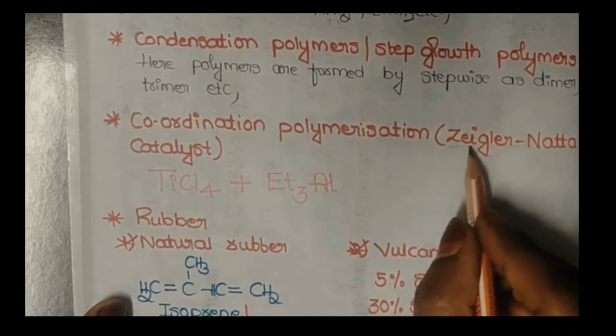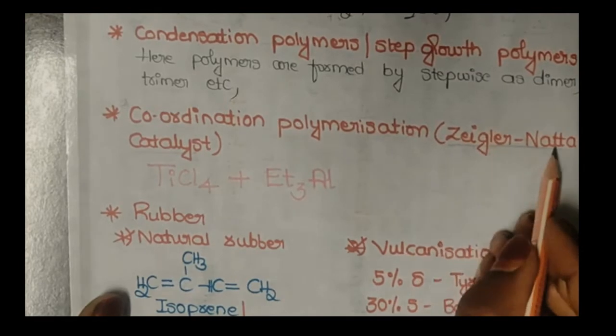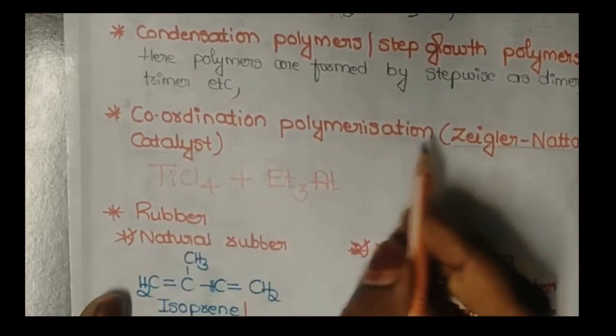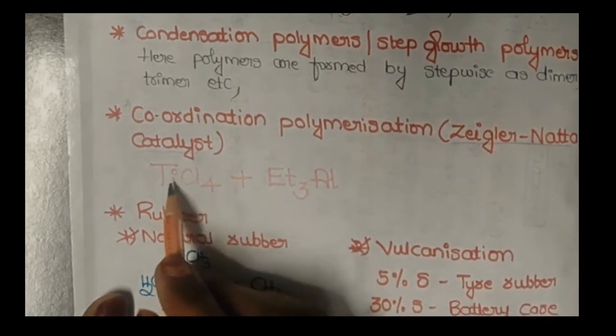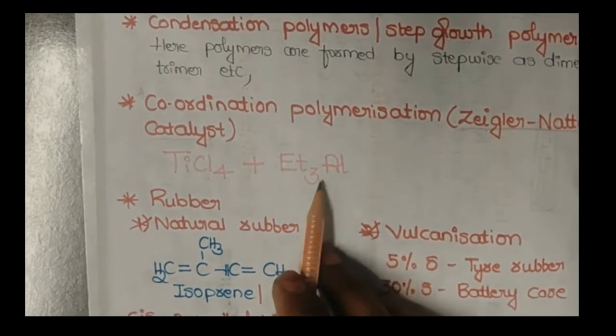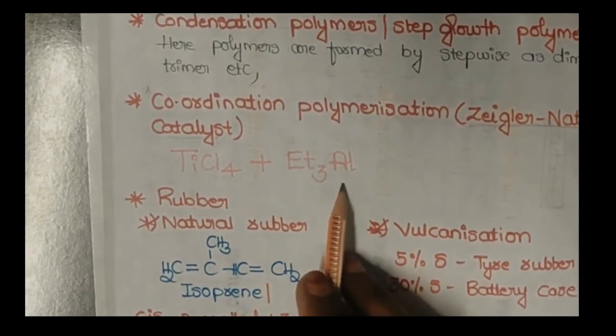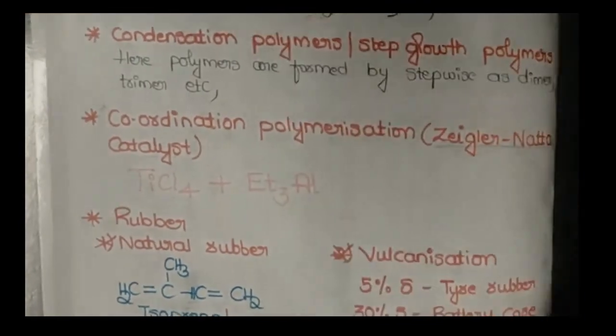To name the solid catalyst, it is called Ziegler-Natta catalyst. So you are aware of Ziegler-Natta catalyst. What is it? It is a combination of titanium tetrachloride and triethyl aluminium. Okay, so we'll speak more about coordination polymerization at the last.